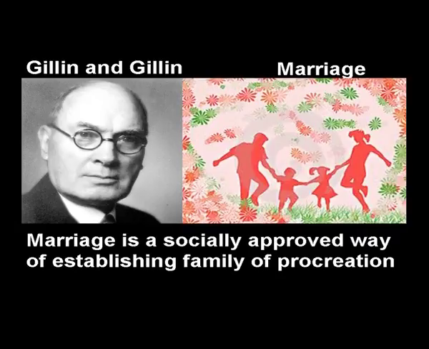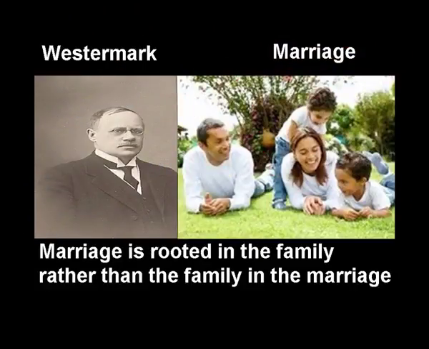Gillin and Gillin have said that marriage is a socially approved way of establishing a family of procreation. Westermarck has remarked that marriage is rooted in the family rather than the family in marriage.